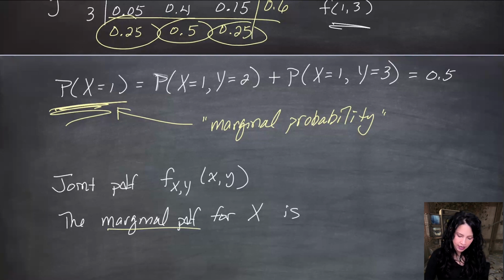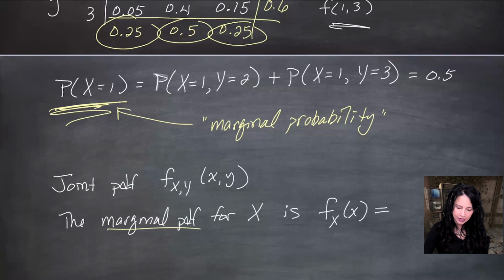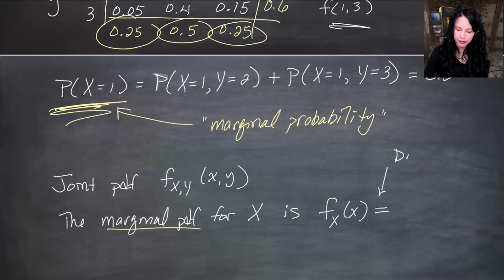I'm going to denote it by f sub x of x, and we get it, in the discrete case here, by summing over all y the joint PDF for x and y.